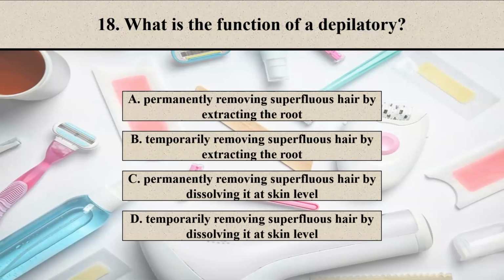What is the function of a depilatory? Is it permanently removing superfluous hair by extracting the root, temporarily removing superfluous hair by extracting the root, permanently removing superfluous hair by dissolving it at skin level, temporarily removing superfluous hair by dissolving it at skin level?